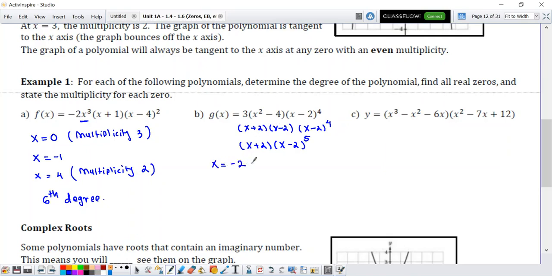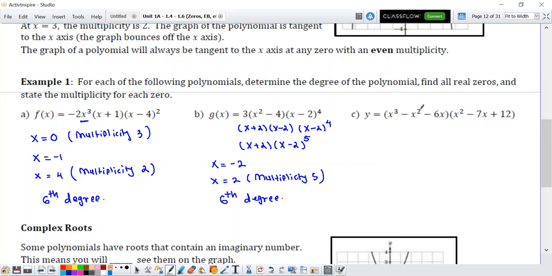So we can say that at x equals negative 2, there is a 1 zero, and at x equals 2 the multiplicity is 5. So how many degrees are there? 5 plus 1. This is also considered a sixth degree polynomial.